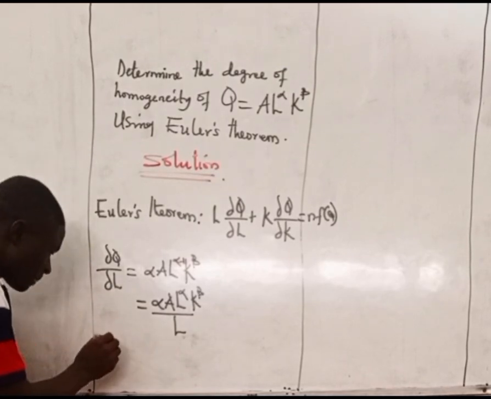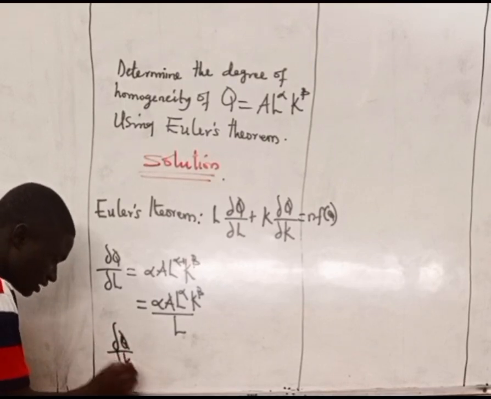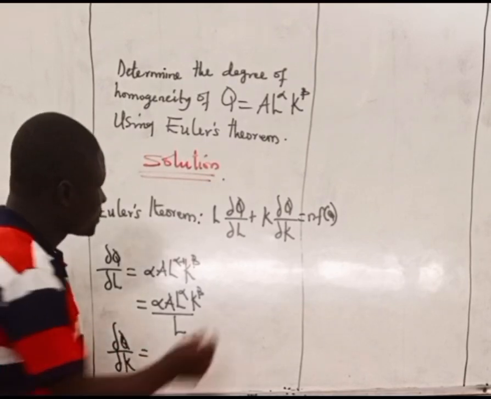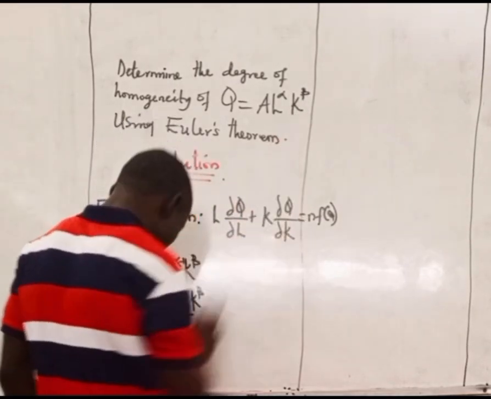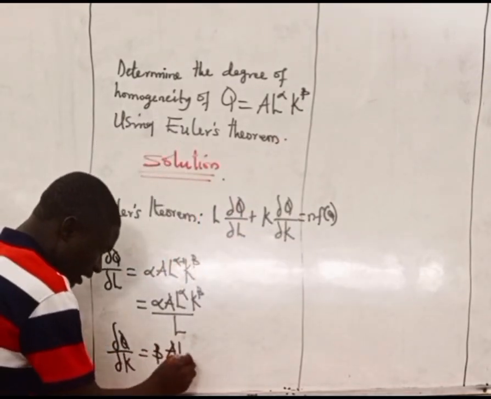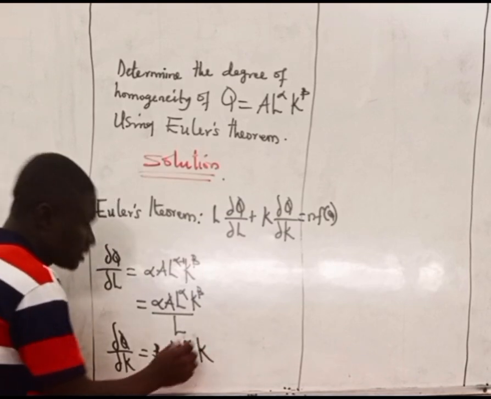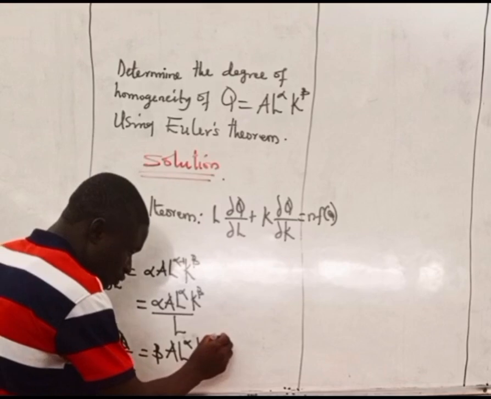We are still going to take a partial derivative of the same function with respect to K. And this is going to be beta A L^alpha K^(beta minus 1).